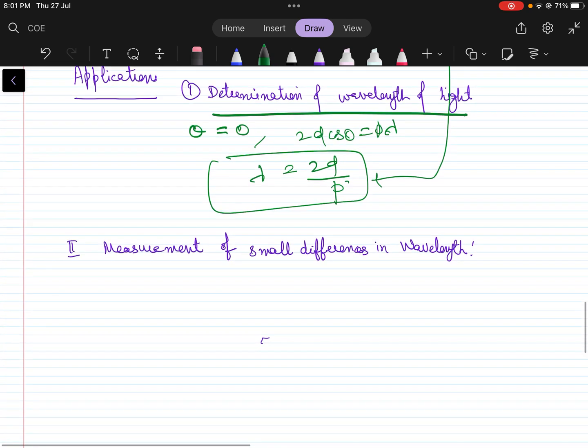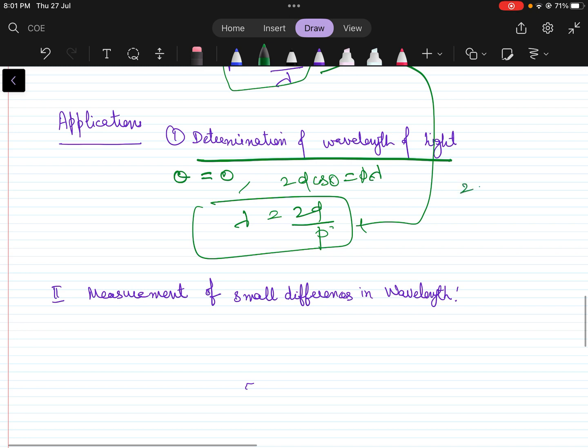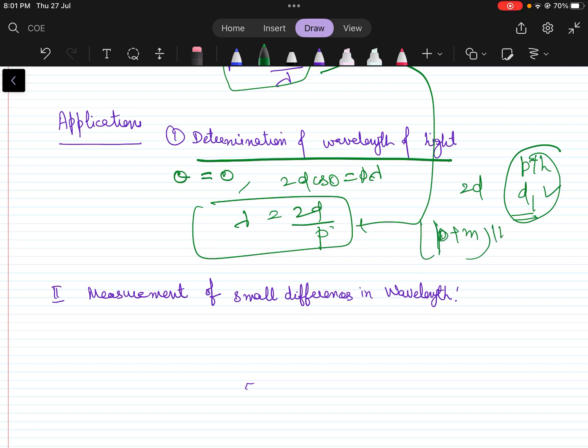Clear? And if we have two mirrors, suppose we take the geometrical separation between M1 dash and M2. For the pth order dark fringe the separation is d1, and for the p plus mth fringe the separation is d2.